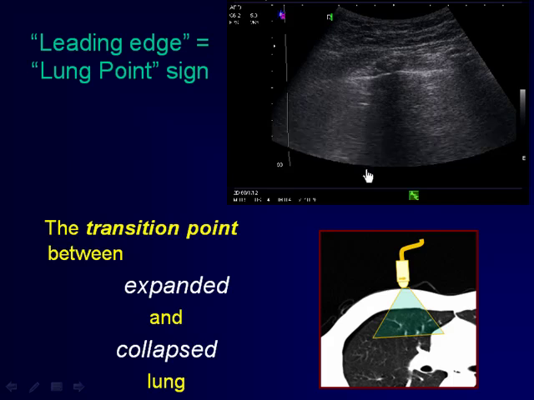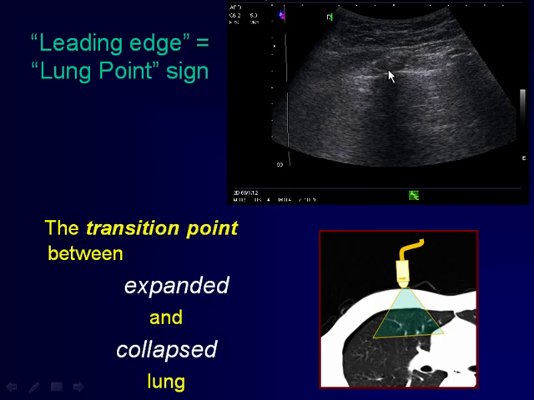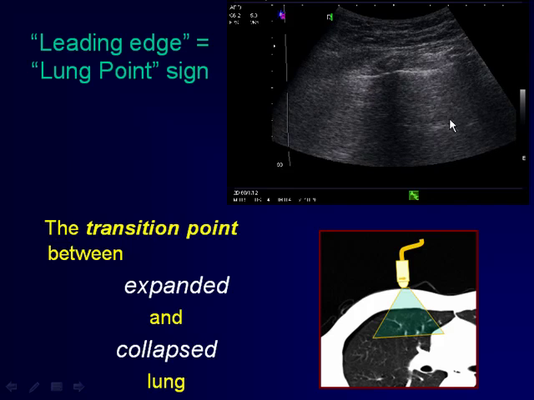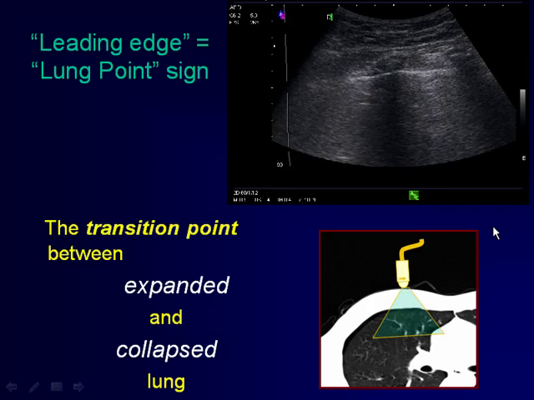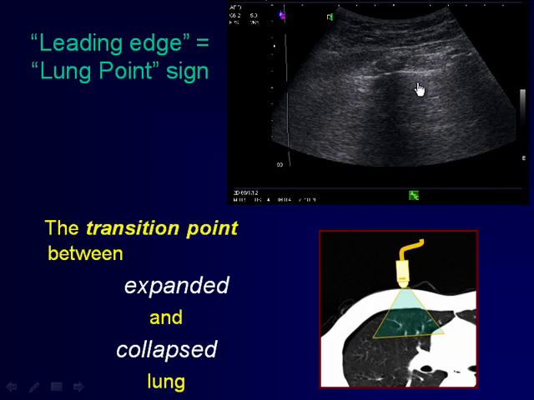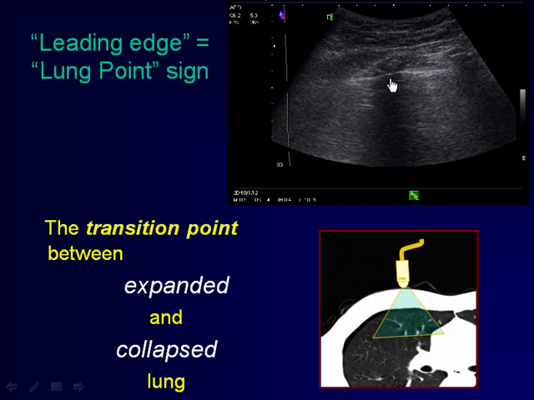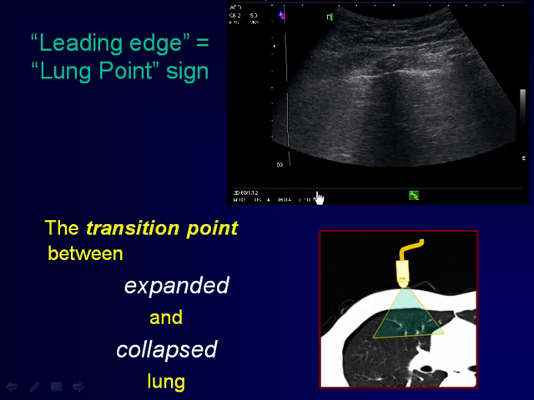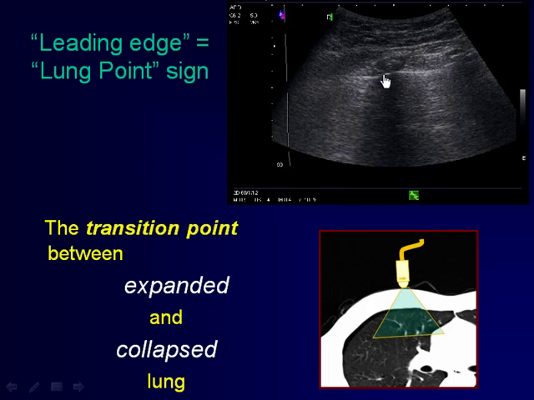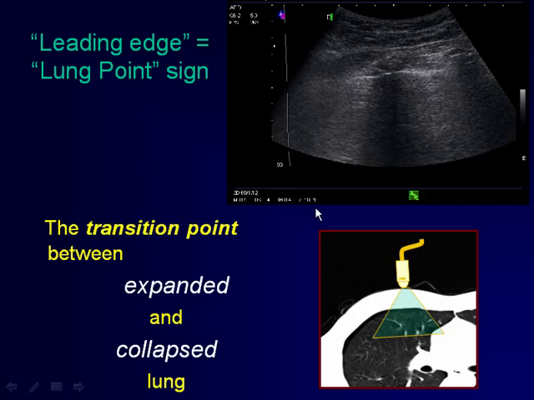Here's another case right here, rib shadow here, and rib with shadow right here. So this is the line we're looking at here, and in this image we have to look very carefully, but there's no movement here. Periodically there is a fine flicker of movement right through here, and that's as the lung moves up and backwards right here, coming into contact with the chest wall.